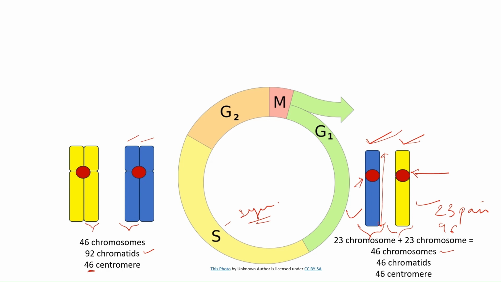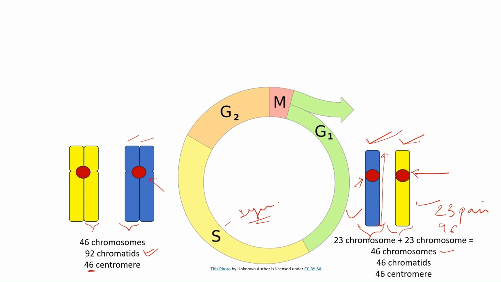After replication, the chromatids are still connected with one centromere. So the number of centromeres remains the same, hence the number of chromosomes we also count as the same. When it is single, still 46 chromosomes. After replication, still 46 chromosomes. But the number of chromatids is more.